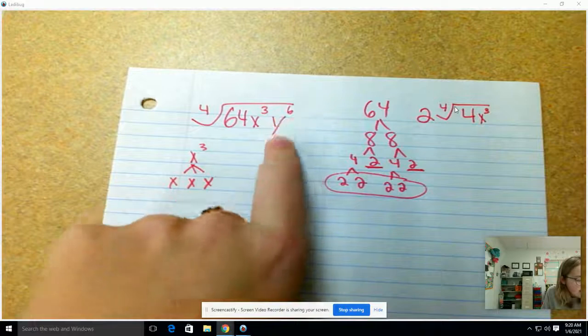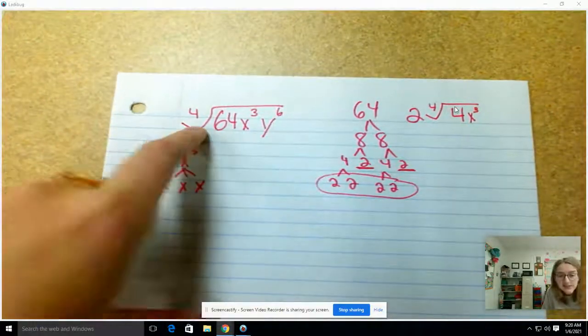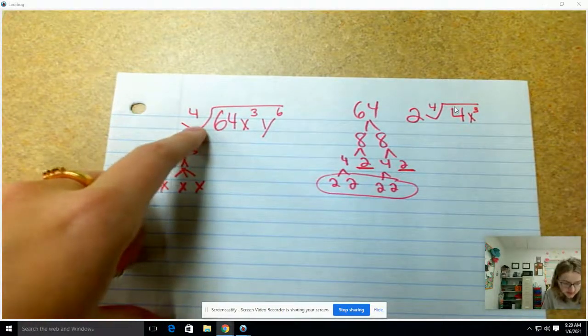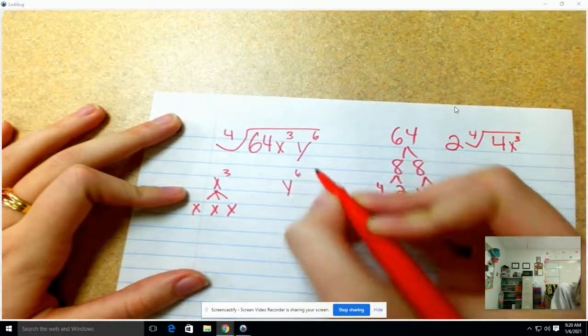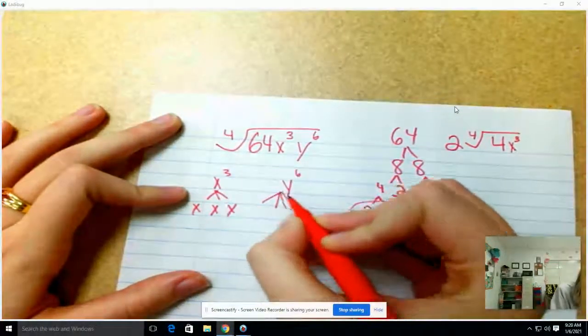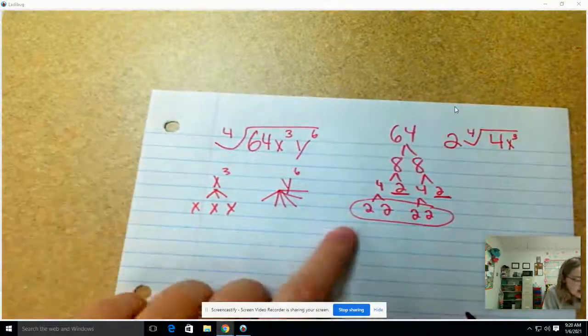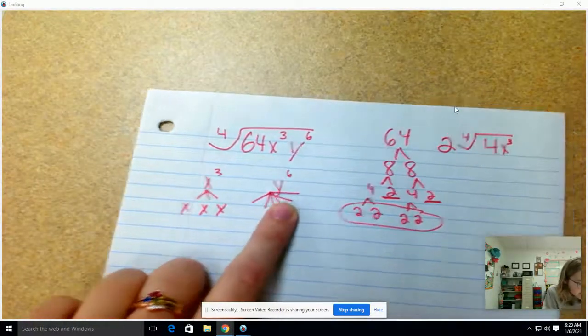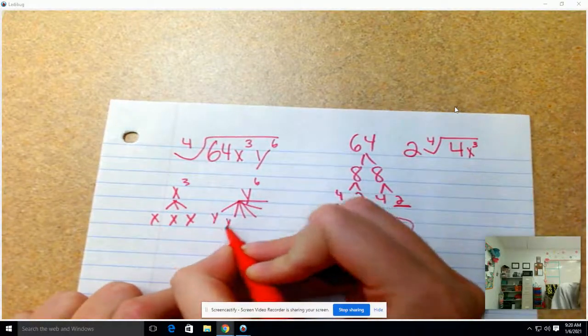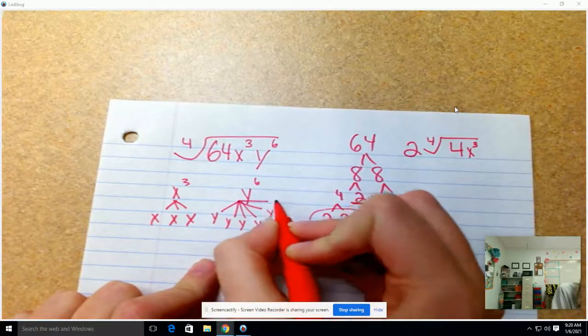And then y to the 6th. Is 6 evenly divisible by 4? No. So if I make my factor tree for that, I'm going to have 6 y's. I can take out 4 of them. So I'm going to have y, y, y, y, y, y.